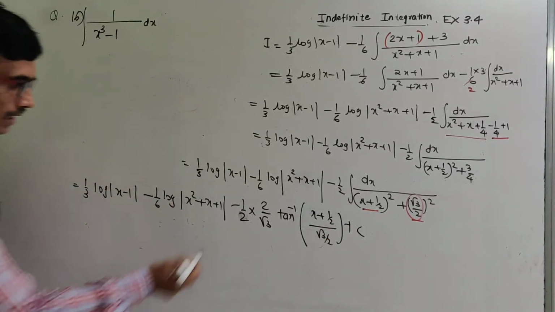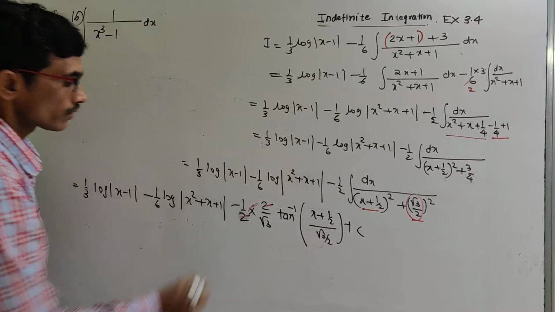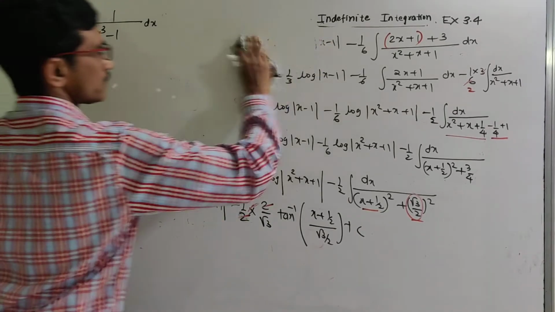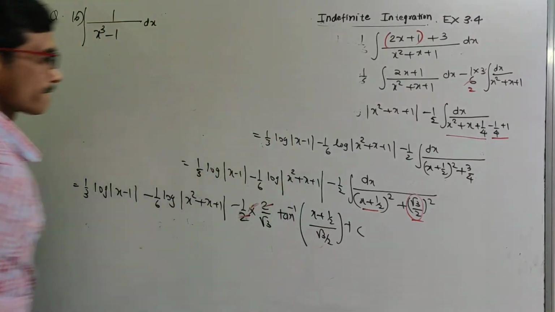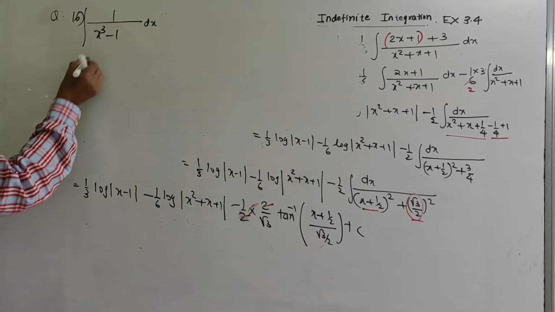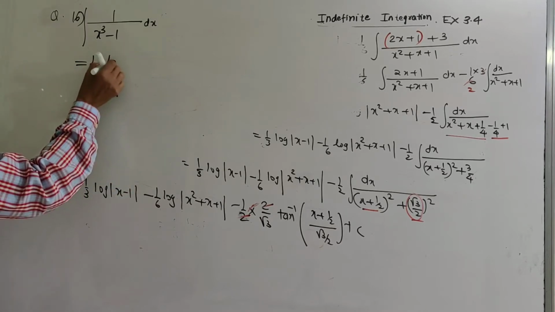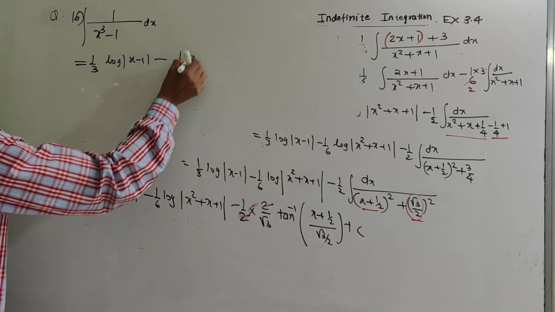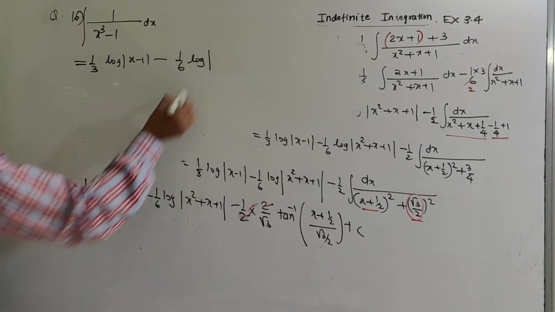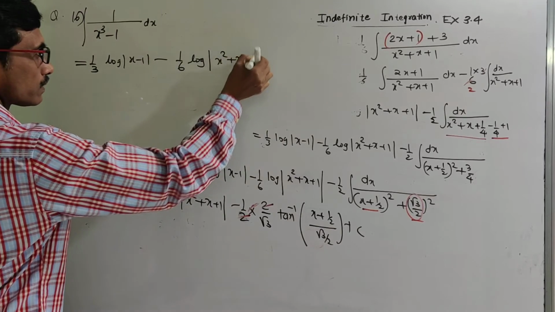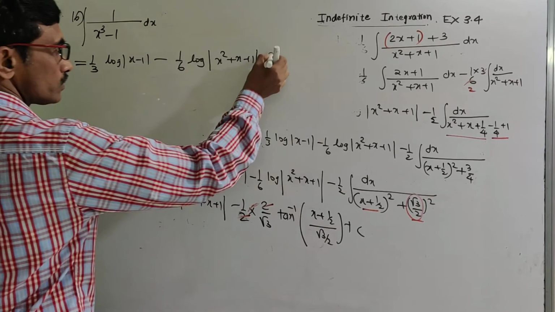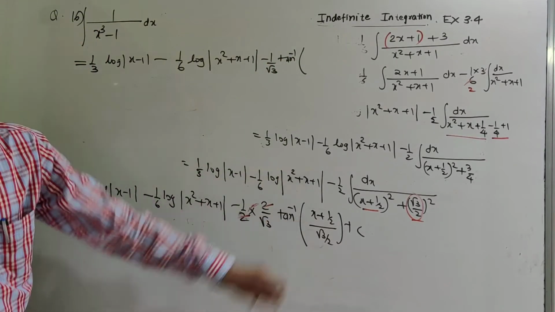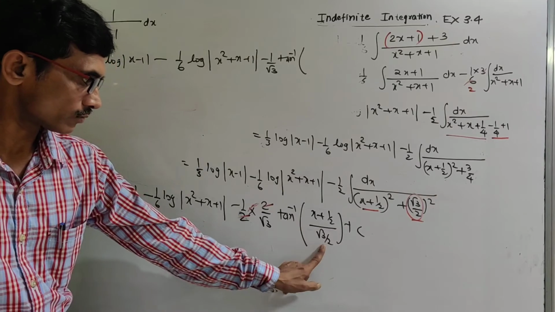So that the complete answer we write, e2 and e2 will cancel, and the complete answer we can write as one by 3 log of x minus 1, minus 1 by 6 log of x square plus x plus 1, minus 1 upon root 3 tan inverse of, we will simplify, 2x plus 1 upon 2 and root 3 upon 2.